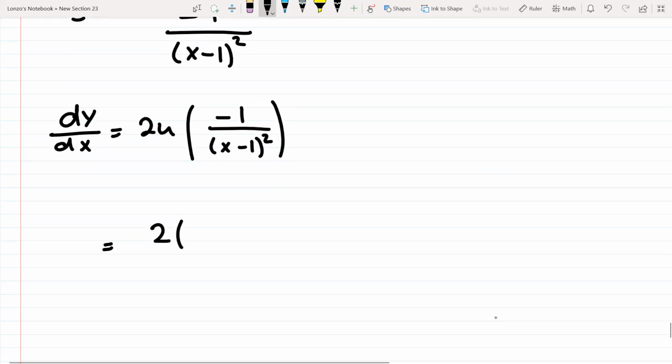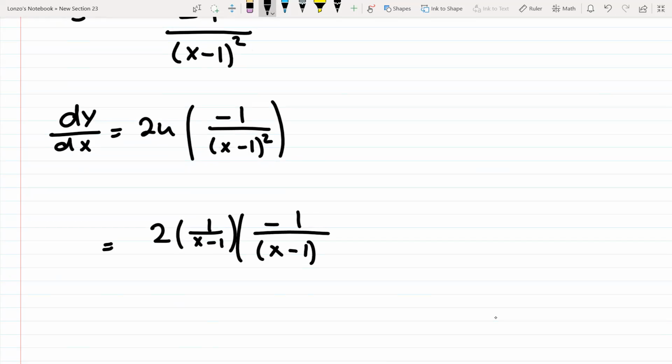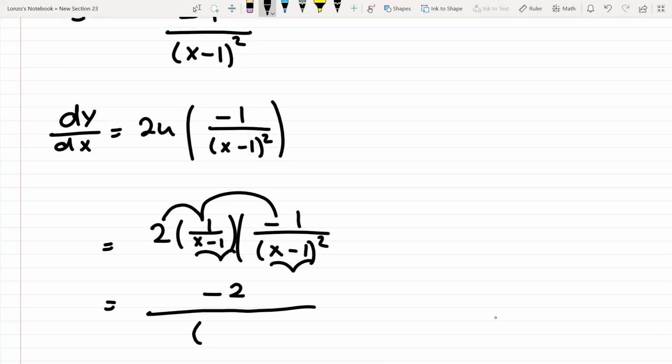So that's like saying 2 times 1 over x minus 1 times -1 over x minus 1 squared. So 2 times 1 times -1 is -2. And then the denominator is x minus 1 cubed. So that's going to be dy over dx.